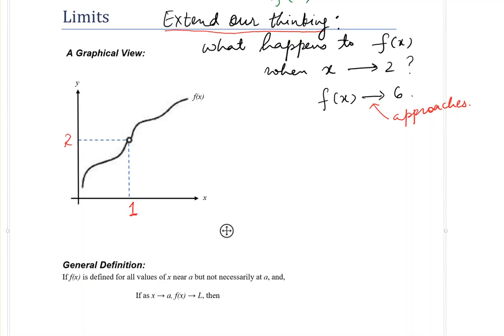So we see this hollow circle here, which is a symbol for the function not existing at a particular value of x, in this case at x equals 1.